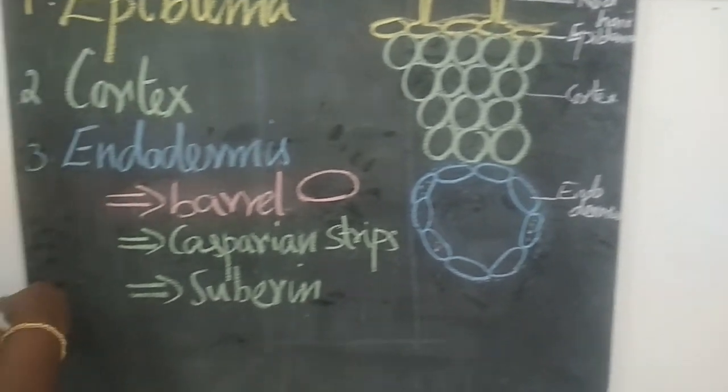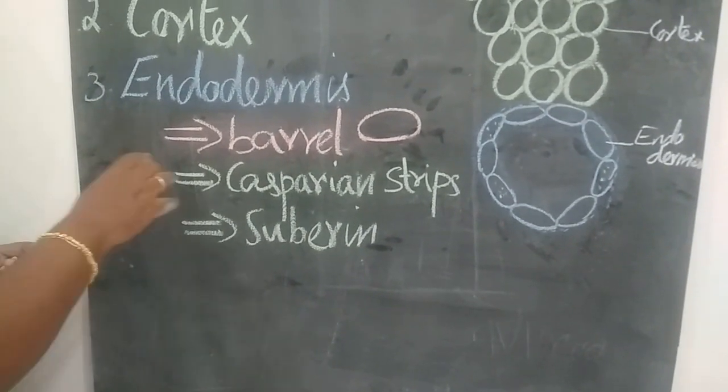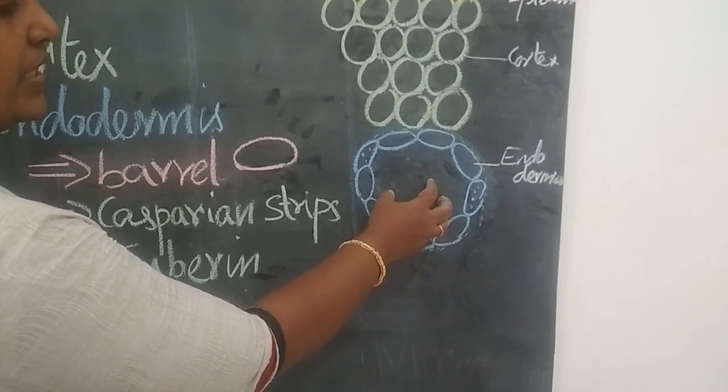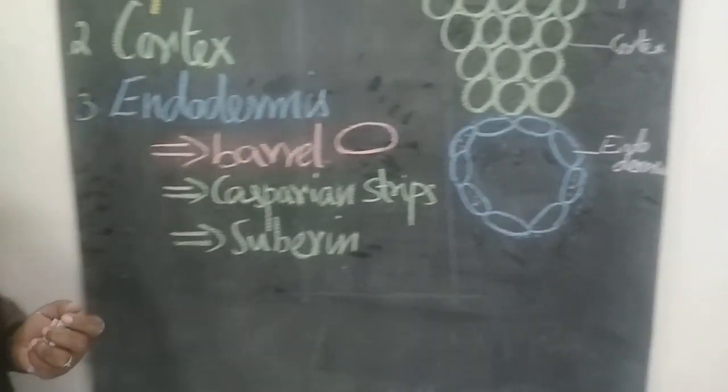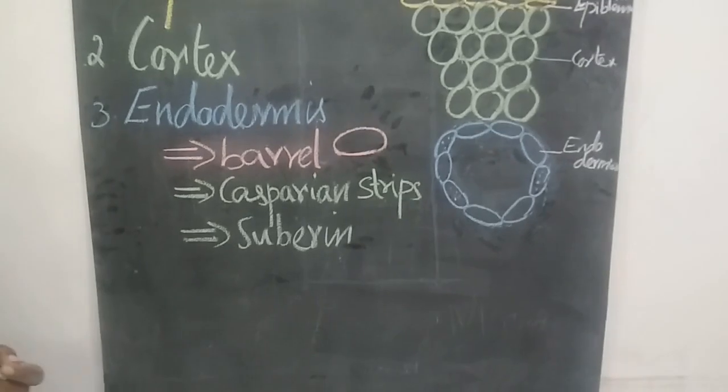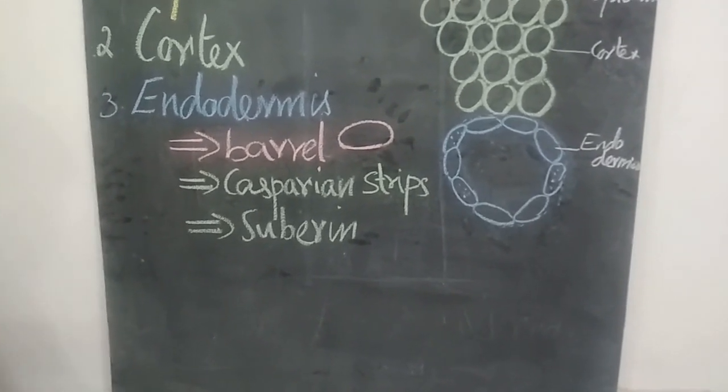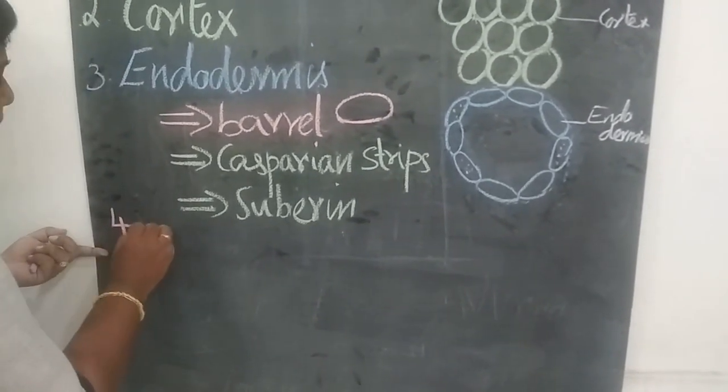And the next one is stele. The stele is the inner part of the endodermis. It consists of pericycle, vascular bundle and pith.